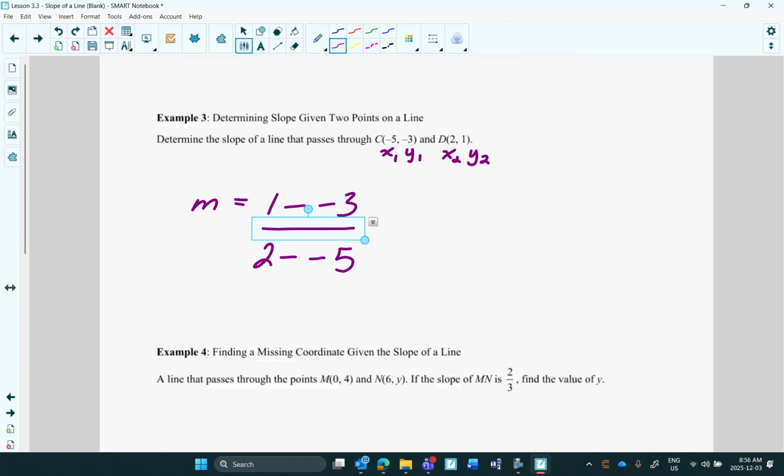So these are actually going to become plus. So I get 1 plus 3 is 4, over 2 plus 5 is 7. Can't divide that cleanly. Leave it as a fraction, it's reduced. We're all good. That's it.